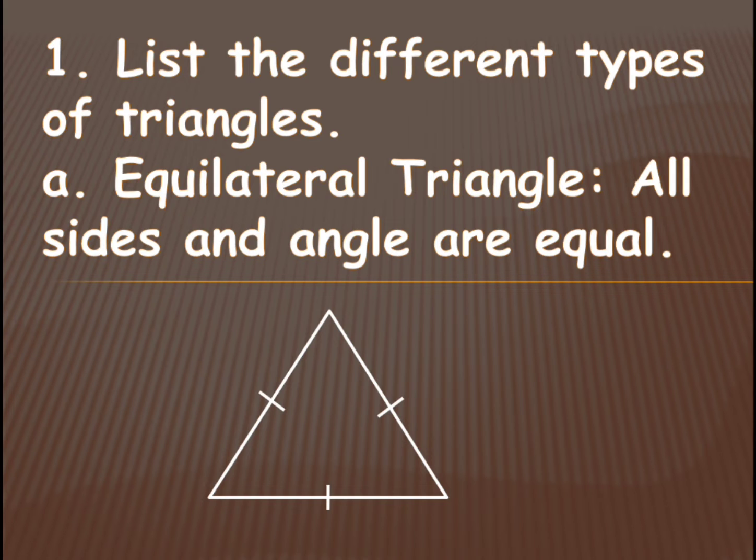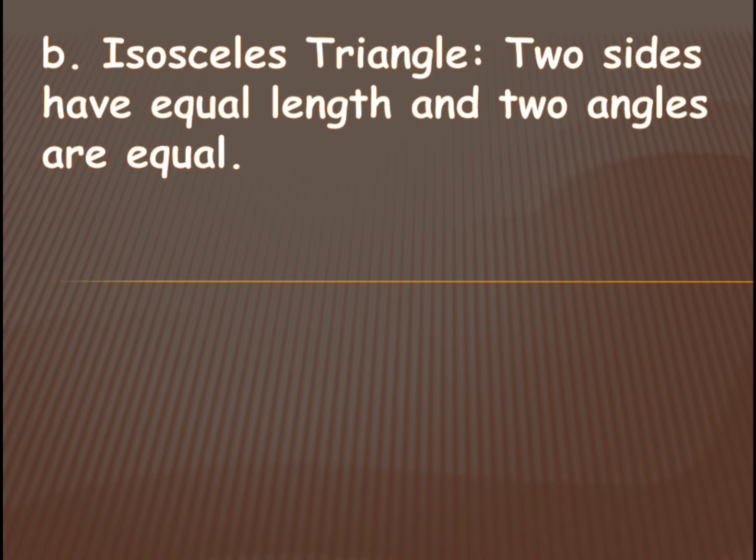Along with that, the angles also will be the same, which is 60 degrees. All the angles will be 60 degrees. That is an equilateral triangle. Next you have the isosceles triangle. In an isosceles triangle, the length of two sides will be equal and the third side will be smaller or greater.